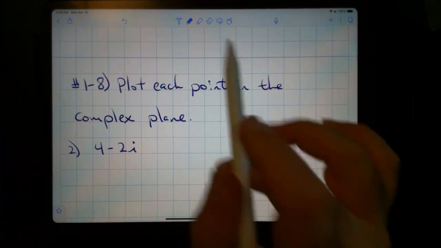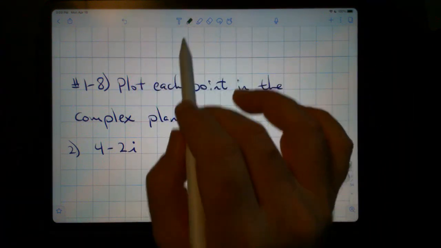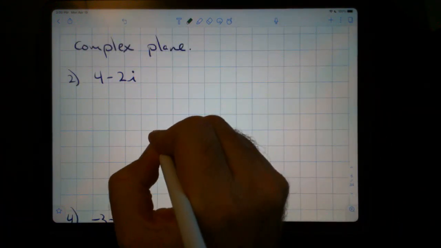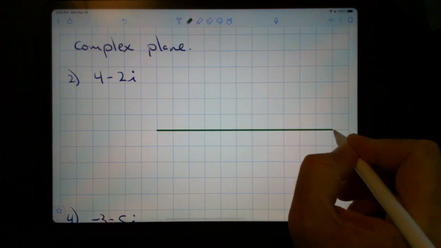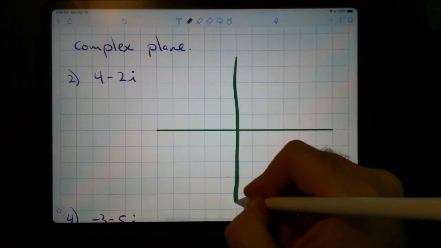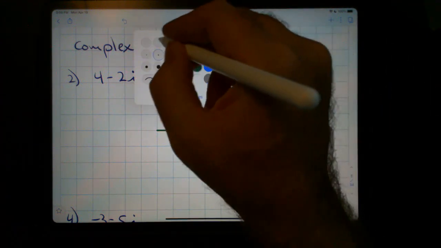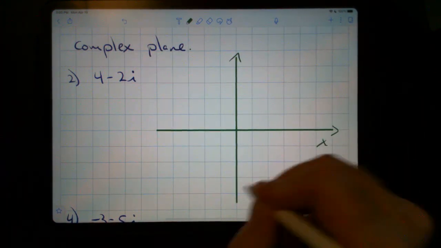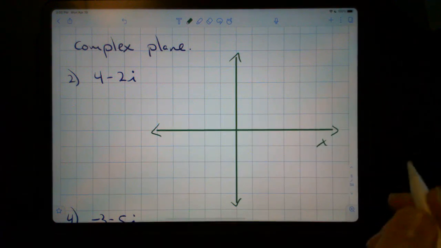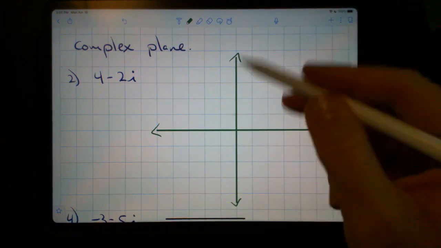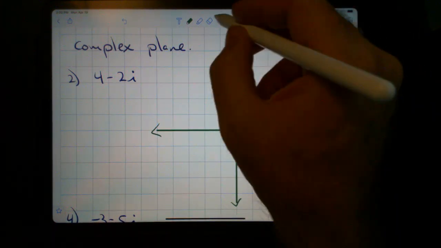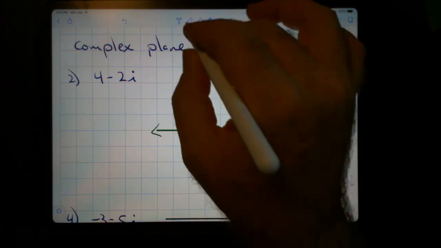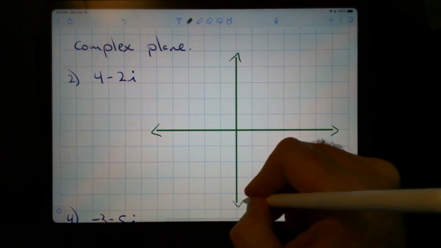So plot each point in the complex plane. Your vertical axis usually has been labeled the y-axis, but here we're going to look at it as the i-axis.